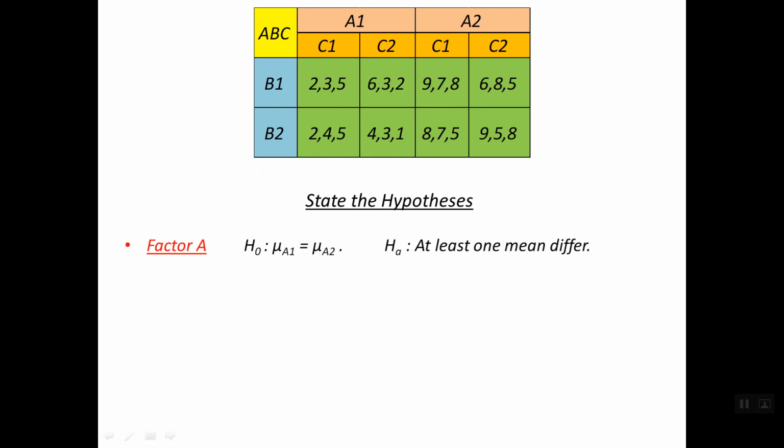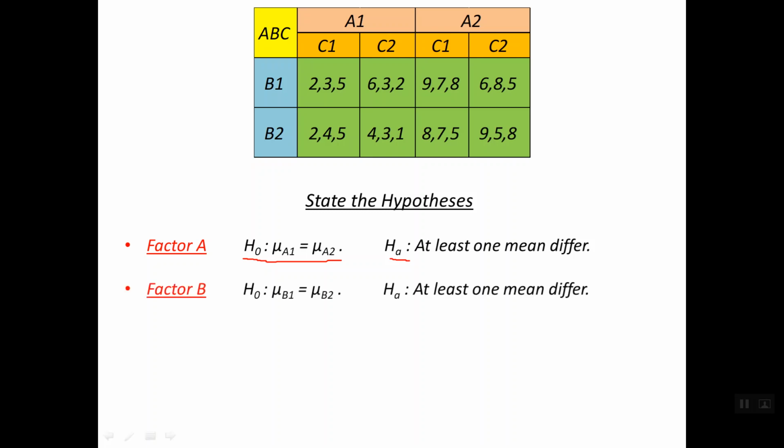So for the first main factor, which is factor A, we have the null hypothesis, which states that the mean for A1 is the same as the mean for A2, while the alternative hypothesis states that mu sub A1 is not the same as mu sub A2. They are different.